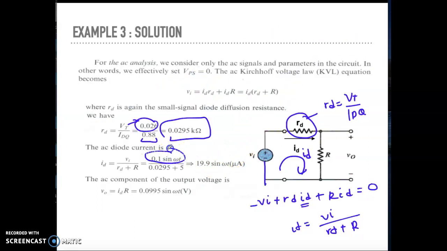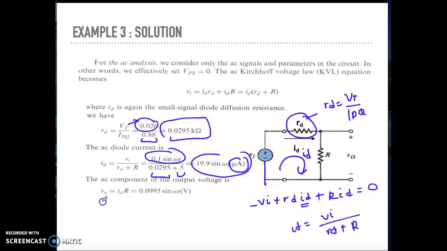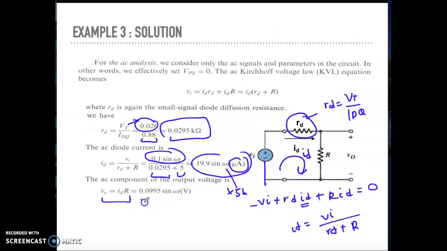RD is the value that you calculated just now, plus the load resistor. So your answer will be a sine, and don't forget to put the unit microampere. But the question wants you to find V out, so just use Ohm's law. Multiply this by 5 kilo ohm, and then you can get the final answer in voltage. Keep your answer for AC as a sine output, because this is an AC voltage, so the output also must be AC.